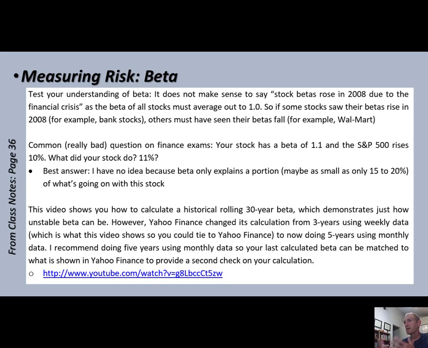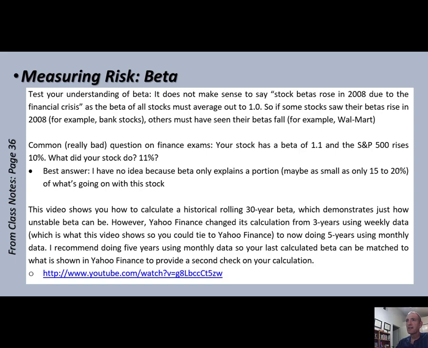Bank stocks obviously are in the middle of a financial crisis and a banking crisis with the subprime crisis. So bank stock betas jumped from like 1.5 to 2.9, but Walmart's beta dropped to below 0. It actually became negative during that time. So it does not make sense to say, wow, stock betas must be up, look at this crisis, because on average they have to be 1.